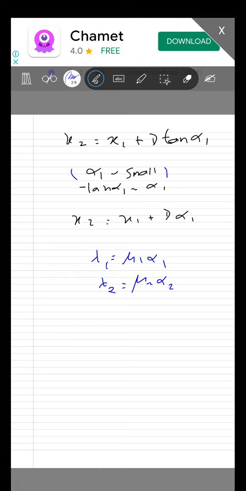Alpha 1 is equal to alpha 2 and mu 1 is equal to mu 2, so lambda 1 is also equal to lambda 2.